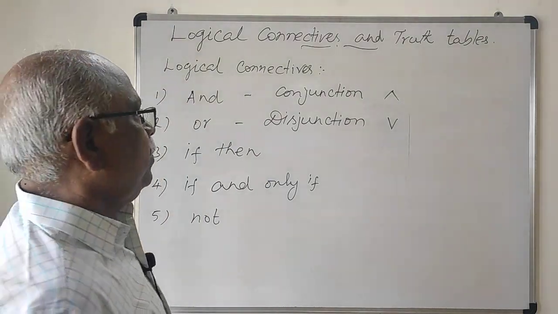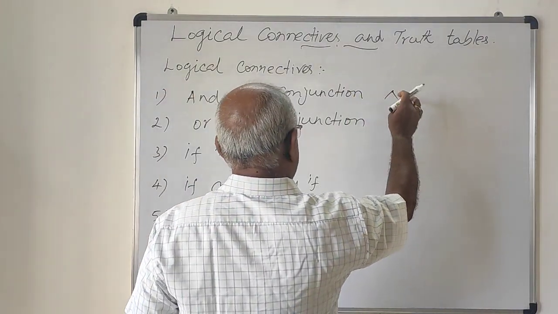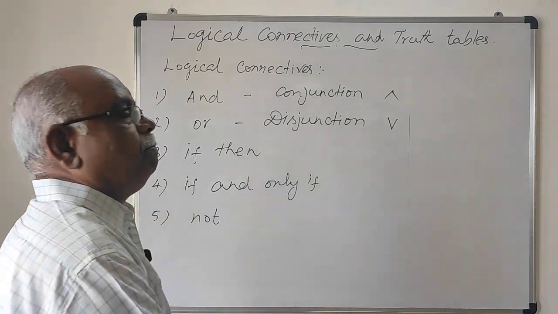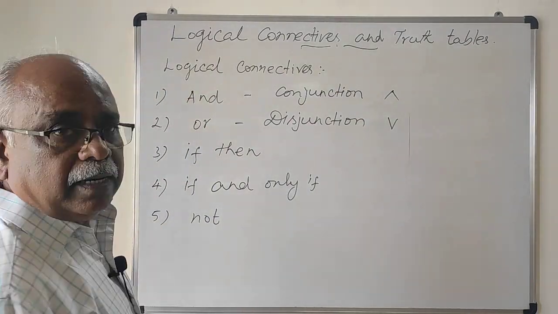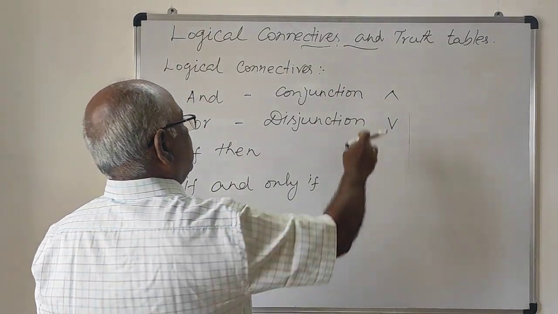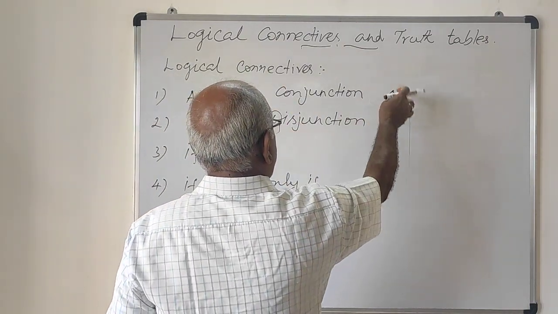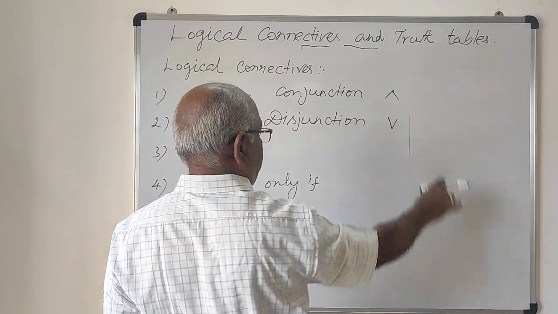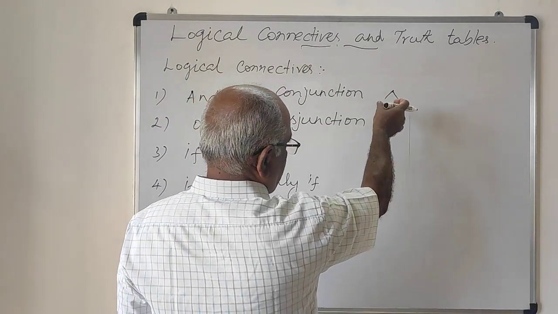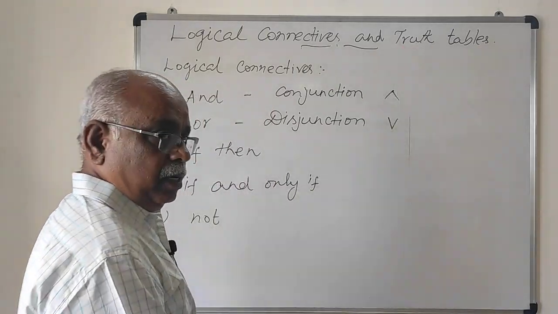As in the set language topic, this is intersection, and or is union. Intersection symbol is treated as cap notation, and union symbol is treated as inverted cap notation.